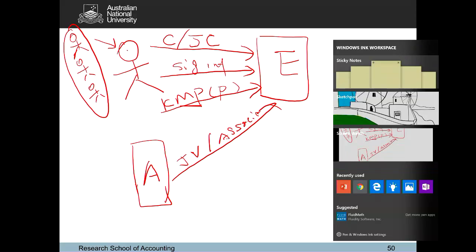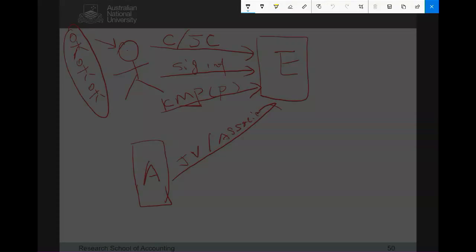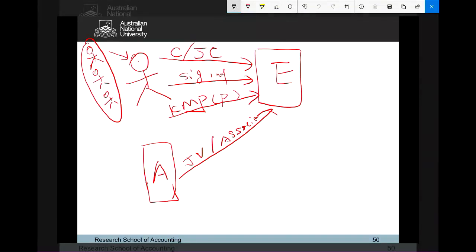Don't ask me what is the joint venture, what is an associate at this stage. I'm not going to answer that because you are going to learn later. Anyway, you have investment in that, that's the associate. Joint venture 50-50%.